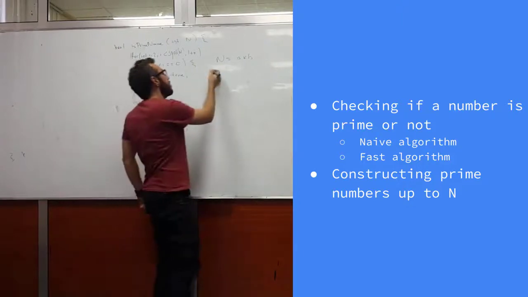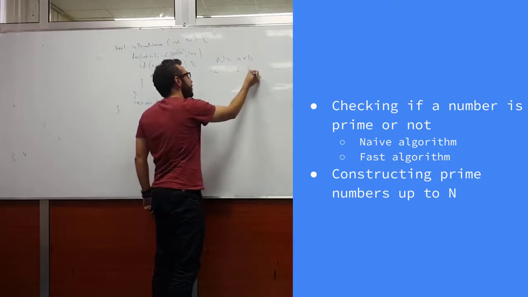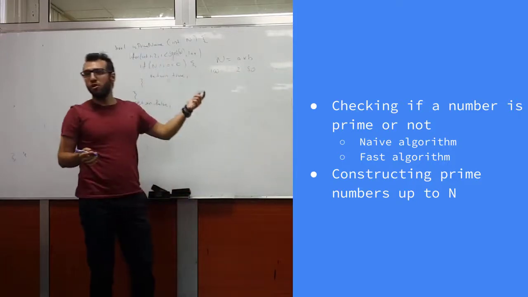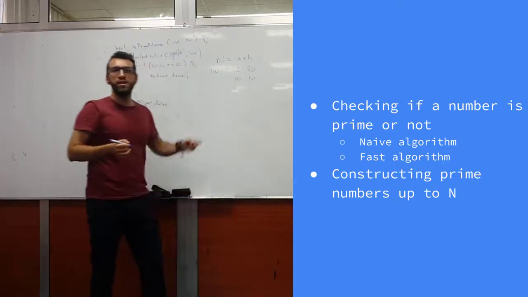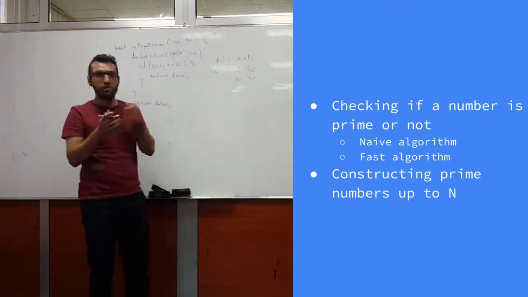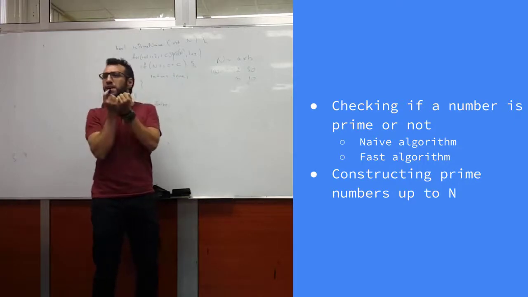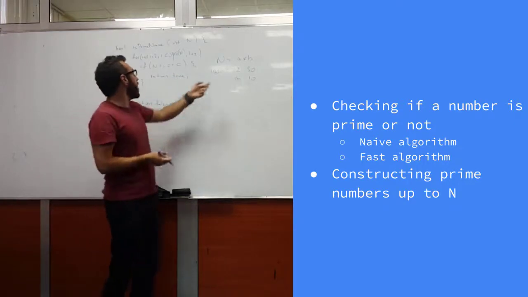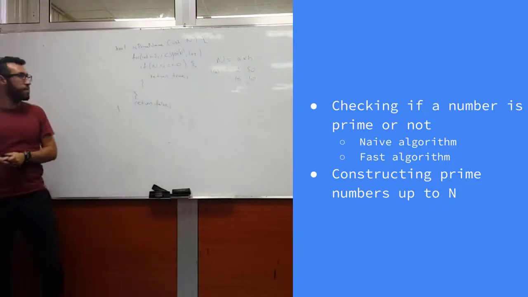Let's say for example n is 100. If our multipliers are 2 and 50, the minimum is 2. But if our multipliers are 10 and 10, the minimum is 10. So if we are looking for the maximum minimum, then we try to make them as even as possible. And that case only happens once we get the square root, right?